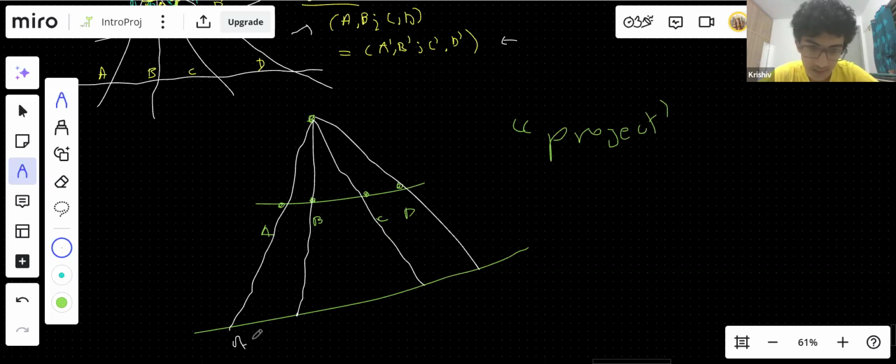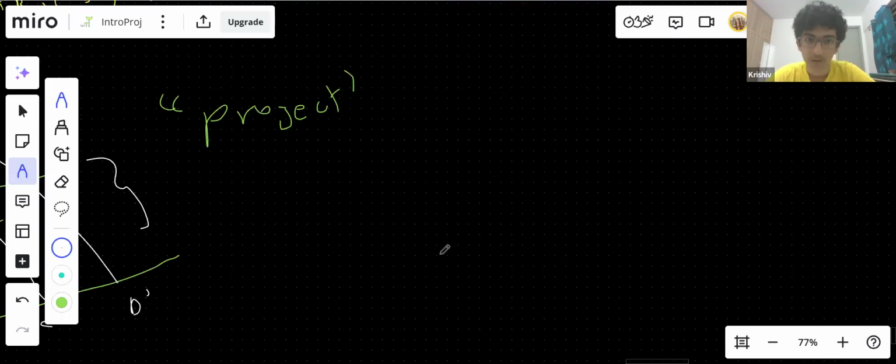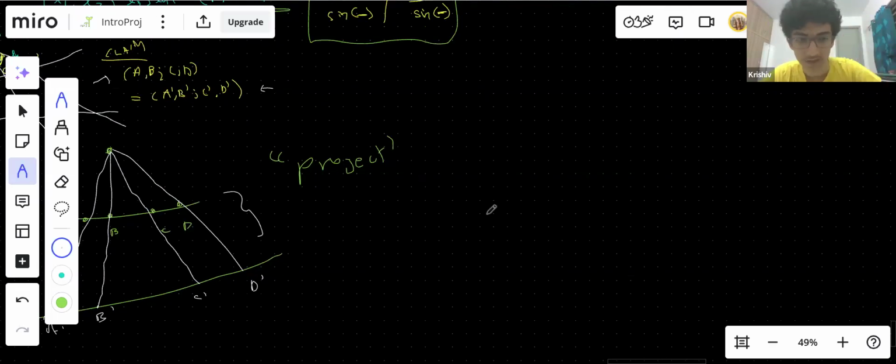Then I'll end up with points A dash, B dash, C dash, D dash, and this is the same cross ratio. Clear? Fair enough.